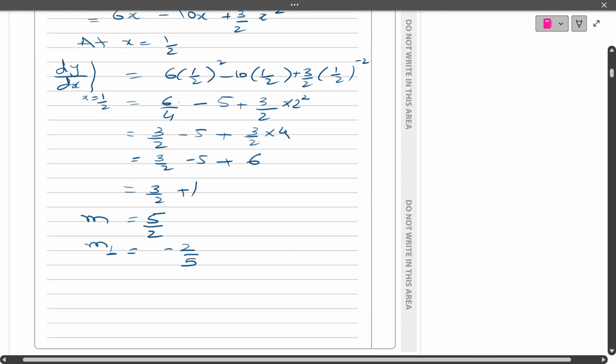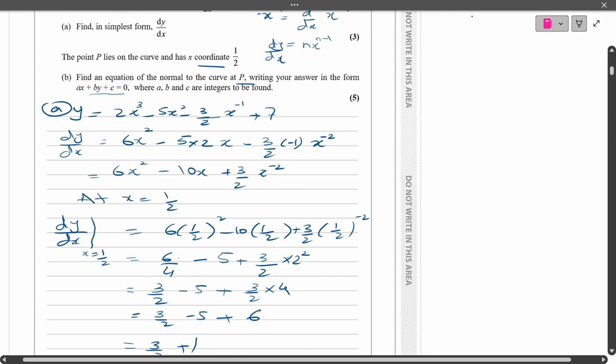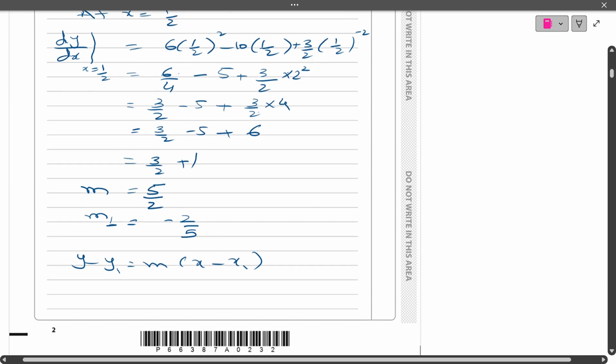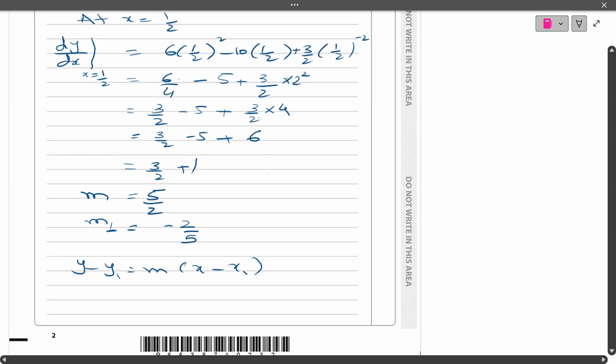Okay, now it's time to substitute in the equation y minus y1 equals m into x minus x1, because the normal passes through P. I need coordinates for P, right? I have the x value of P, but I don't know what y is.